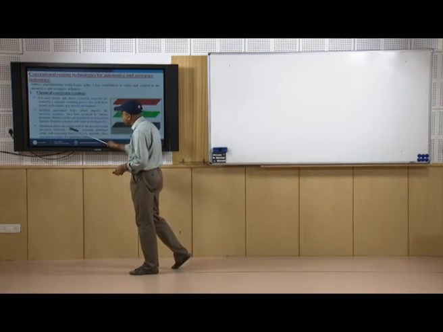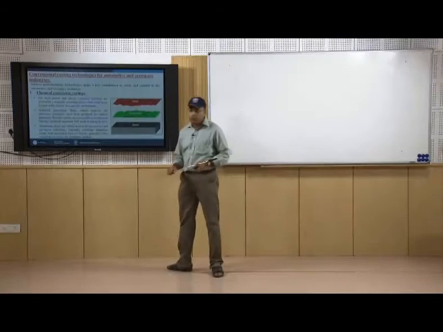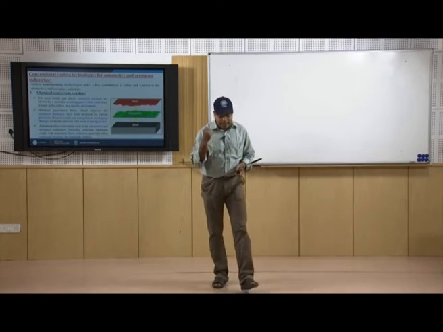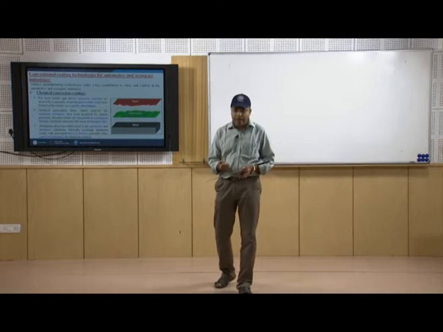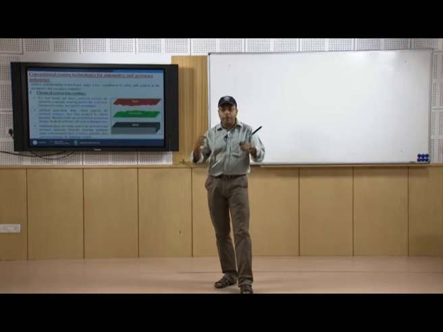Next, aluminum alloys are widely used in the automotive and aerospace industries. Already I have discussed that naturally occurring aluminum oxide, with associated flaws or defects, generally offers corrosion resistance for the aluminum surface. So, sometimes we add certain materials like rare earth materials such as neodymium, chromium, or some other anti-corrosive materials to the aluminum. Then we prepare the aluminum alloy and do the coating onto the aluminum.